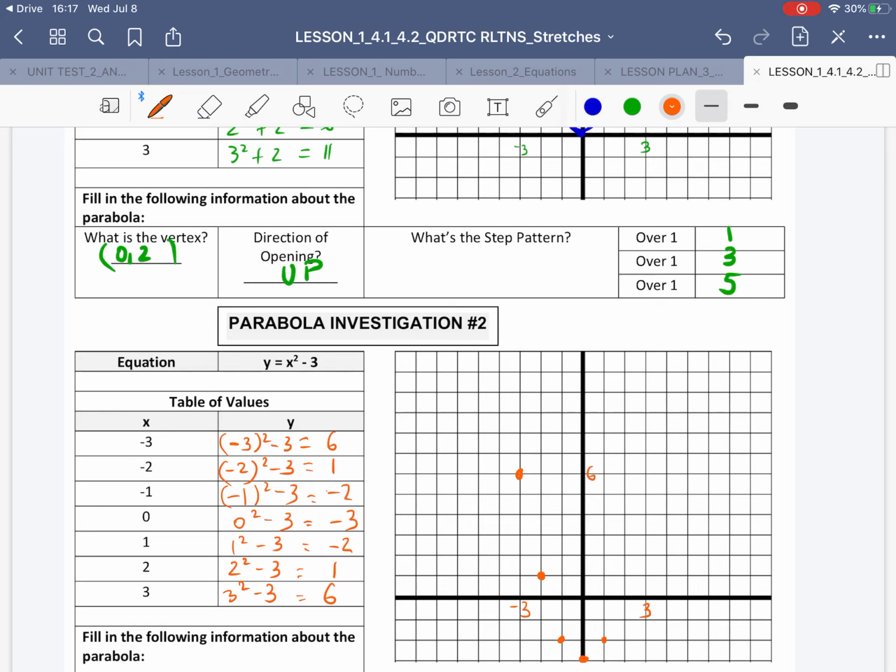Then the step pattern, the y values repeat, so we follow the pattern here. And here I am drawing the graph again. This is the graph of the relation y equals x squared minus 3. Now, where would the basic parabola have been? So we're going to say 1, 3, 5, so 3, 1, 2, 3, 4, 5.